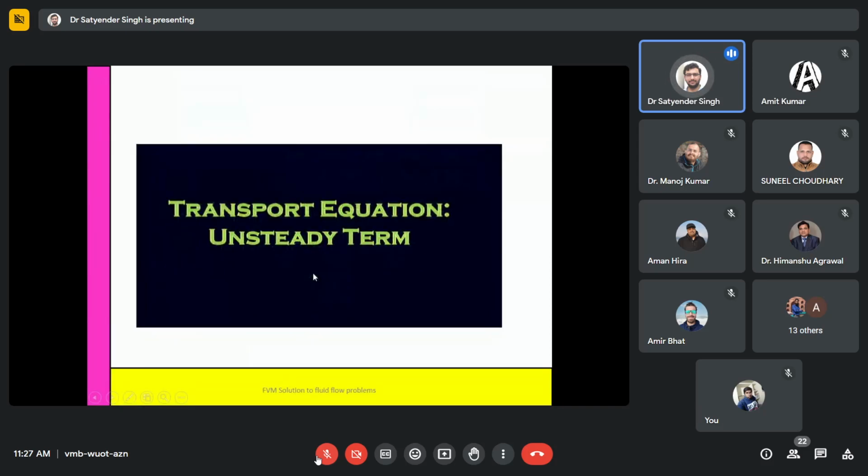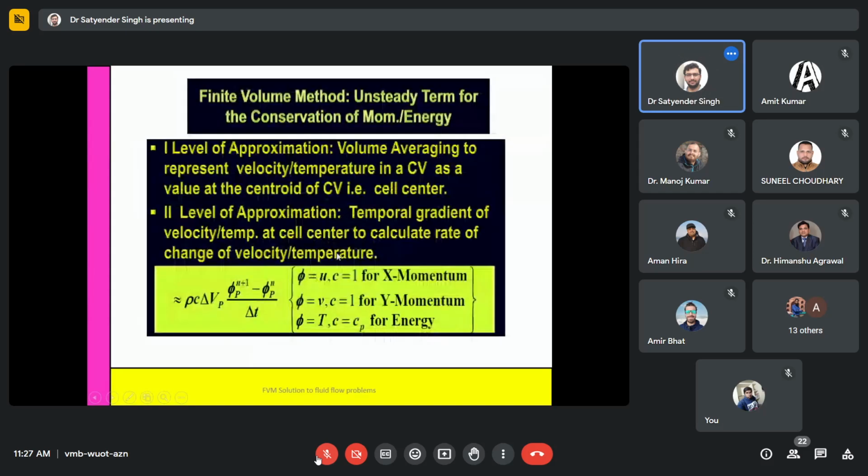So transport equations, like, before going to the x momentum and y momentum further, in the very beginning the first term will be the unsteady term. This is the common way to discretize it with respect to the time level, where delta t represents the time step, this represents the next time level, and this the previous time level.